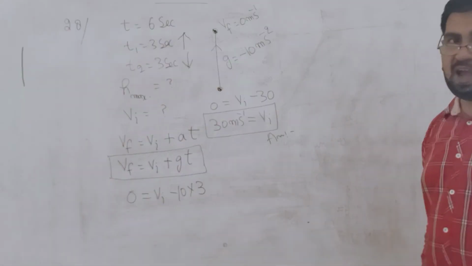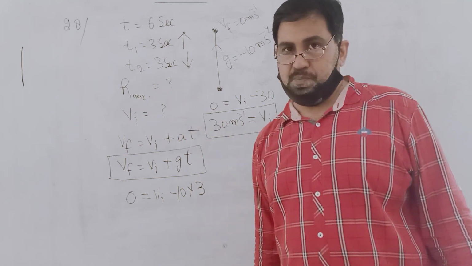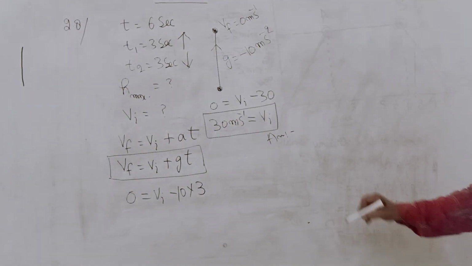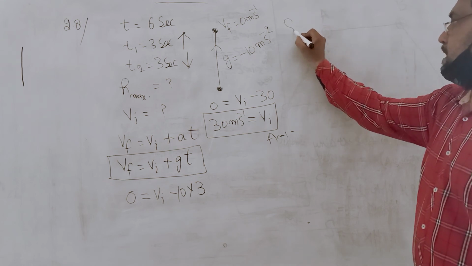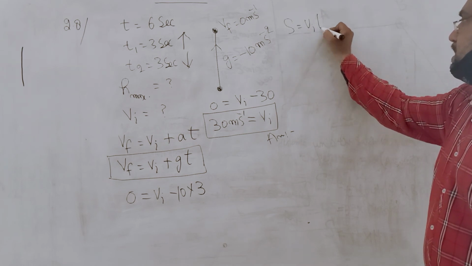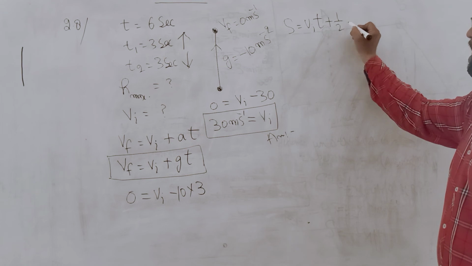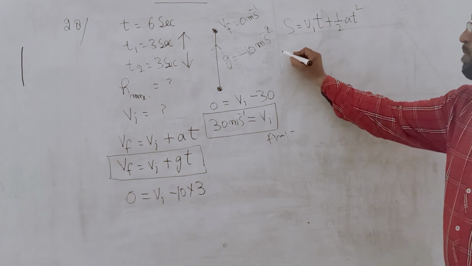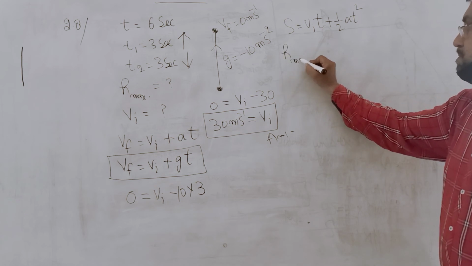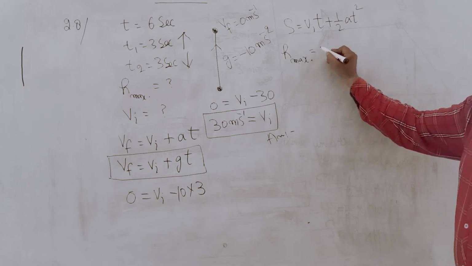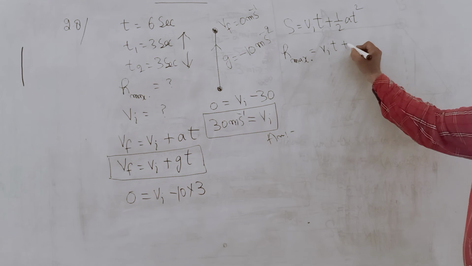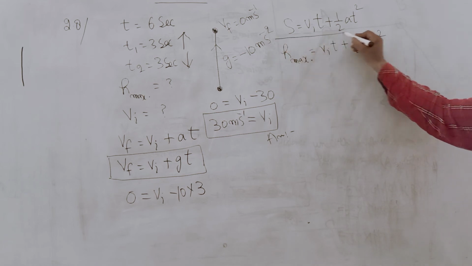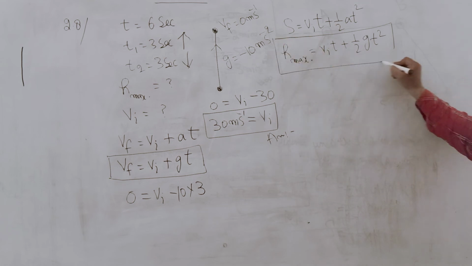Now we have to find maximum height. For this, we use the second equation of motion. S is equal to Vit plus half at square. In place of S, we write H maximum, Vit plus half gt square.